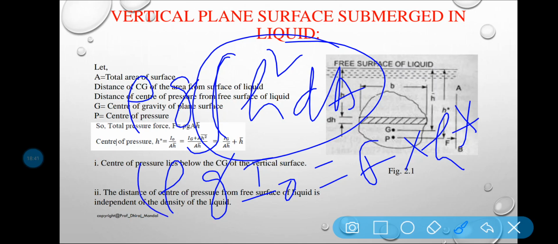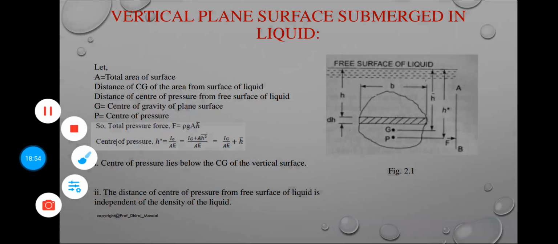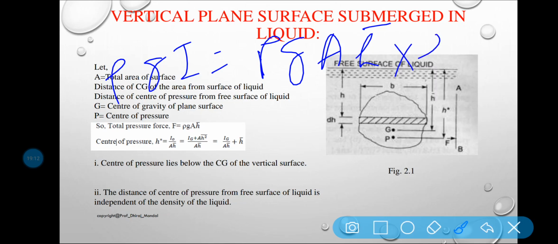So mathematically, rho g I naught is equal to F into H star, where I naught is the moment of inertia. Now you can write F is equal to rho g A H bar. So rho g I naught is equal to rho g A H bar into H star.